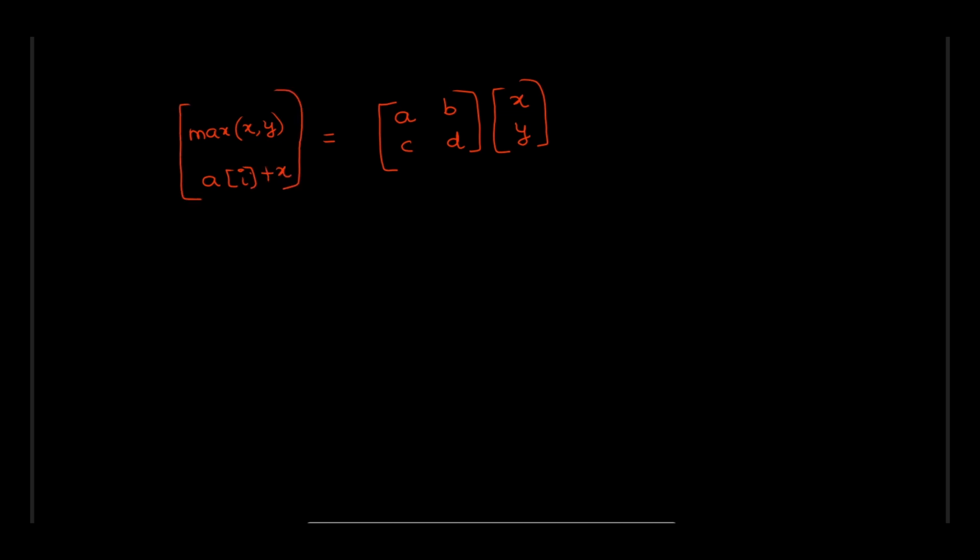But how do you get this? If you look at this, it is nothing but a into x plus b into y is equal to max of x comma y, and then c into x plus d into y is equal to ai plus x.